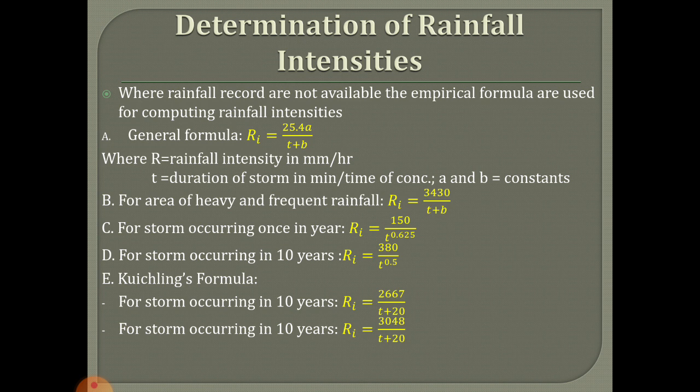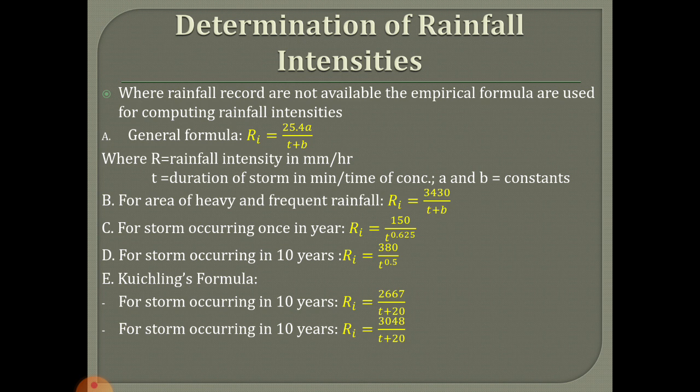So this is the general formula: R = 25.4A / (T + B), where R is the rainfall intensity in mm per hour, T is the duration of storm in minutes, that is, the time of concentration, and A and B are constants.